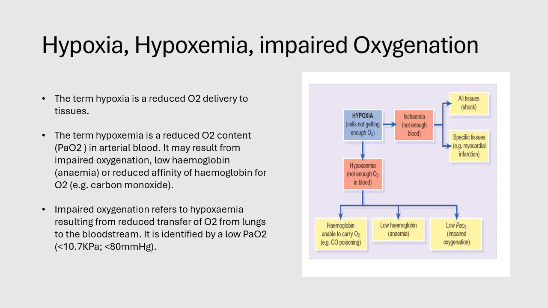Impaired oxygenation refers to hypoxemia, which results from reduced transfer of oxygen from the lungs to the bloodstream. It is identified when PO2 is low. The diagram shows the basic concepts of these terms. Hypoxia can be due to ischemia, not enough blood delivered to tissues, or to hypoxemia, not enough oxygen in the blood.